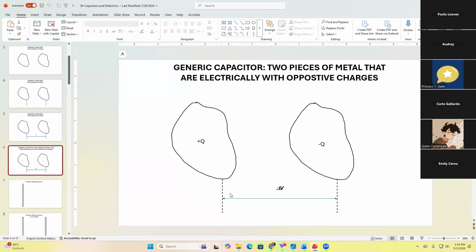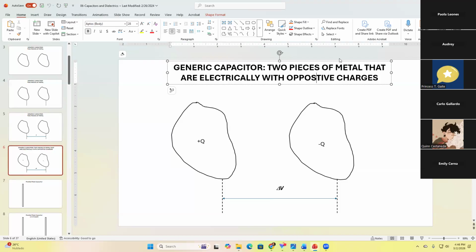I can connect a battery to both of those lumps of metal. When we connect a battery between those two lumps of metal, one is going to become negatively charged and the other is going to be positively charged. Okay, and now that the capacitor is charged, it does have some electrical energy that now can be used to do some important work. Okay, that's what a charged capacitor is.